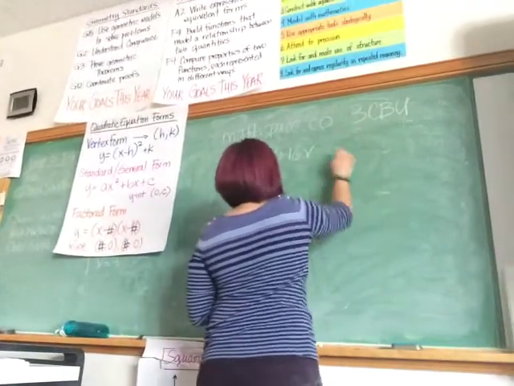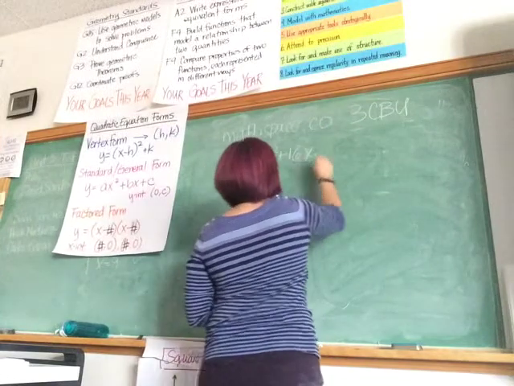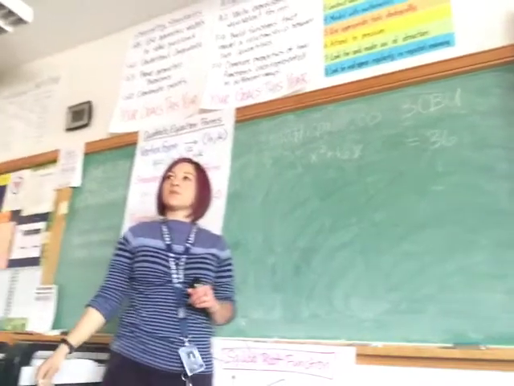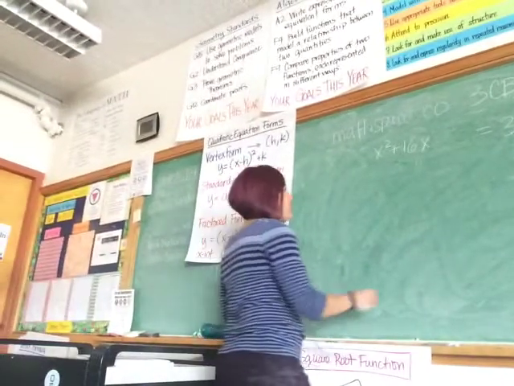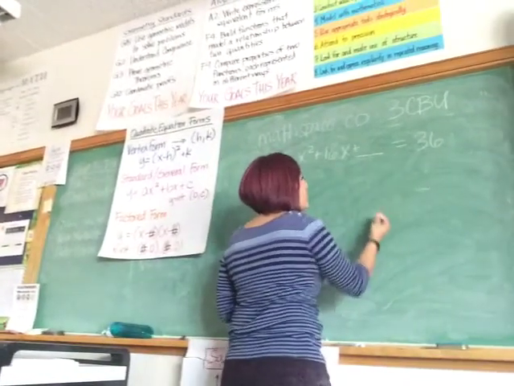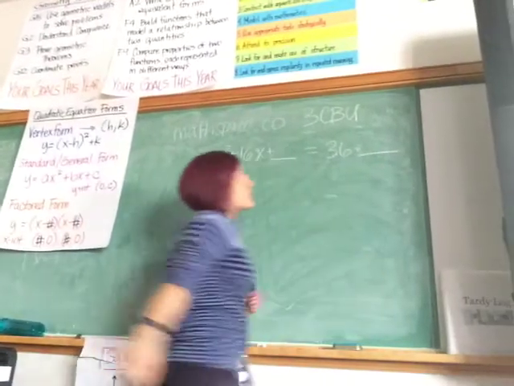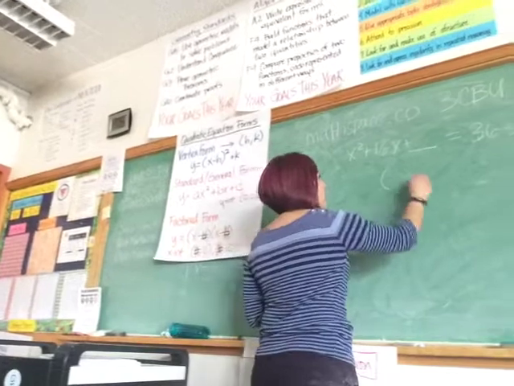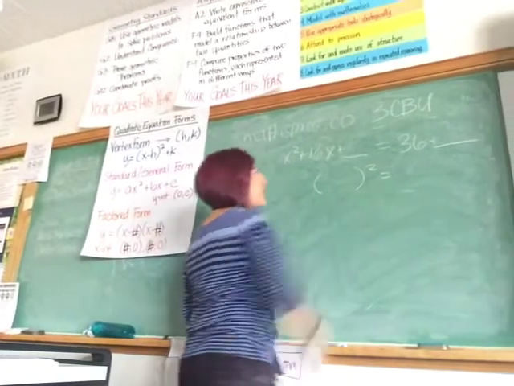Now I'm going to leave myself a little bit of space, because what am I going to put in right now? Plus blank, plus blank. So remember, my goal is to get this format.